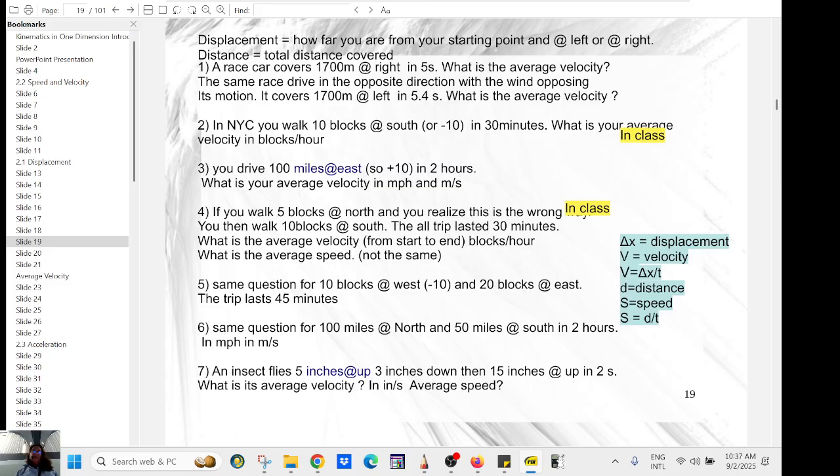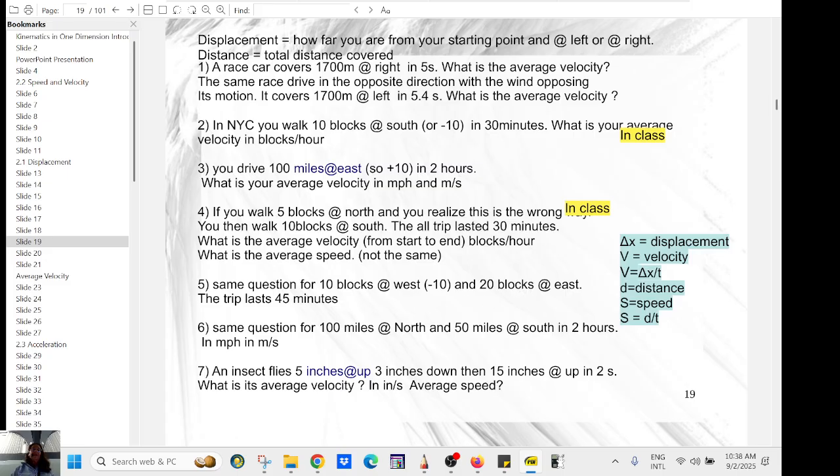So for example, if you move 10 blocks west and 20 blocks east, what's going to be your displacement? 10 blocks east, right? So 10, the magnitude, the unit blocks, the direction east. So that will be your displacement.